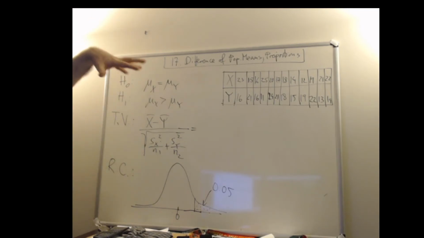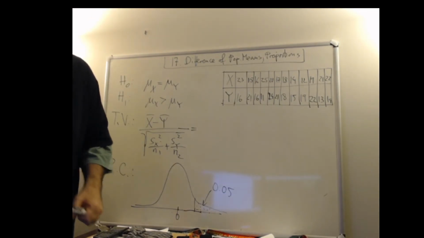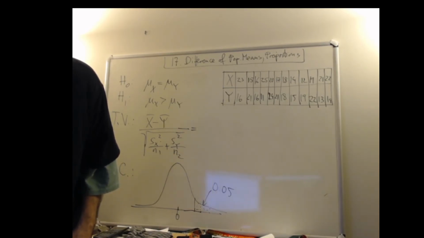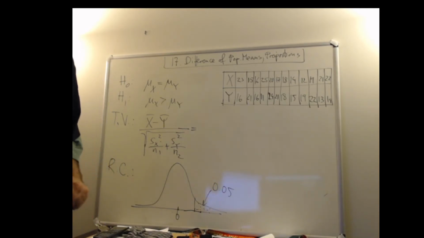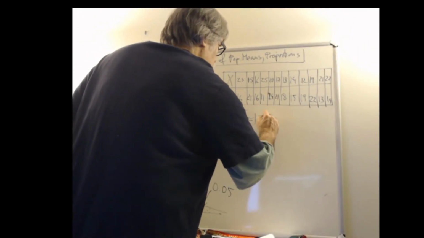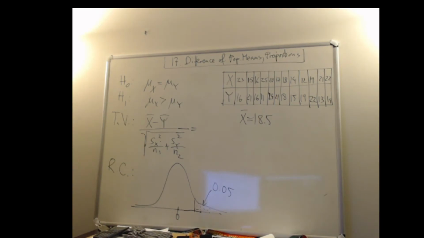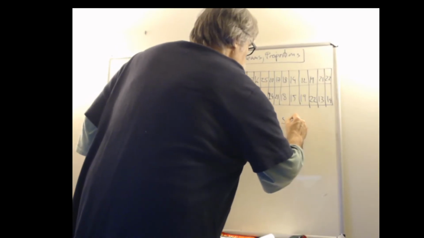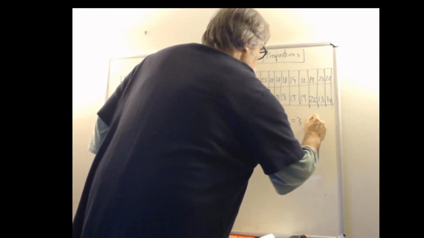When you do this calculation, this is what my calculation shows, and you can check it yourself. I end up with the mean of the first group being exactly 18.5, and the standard deviation in the first group being 3.896.